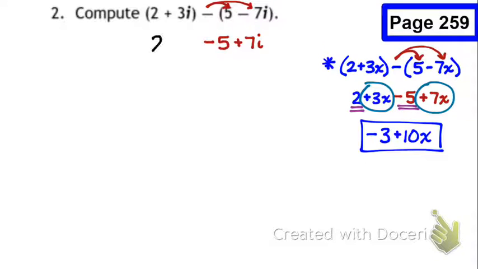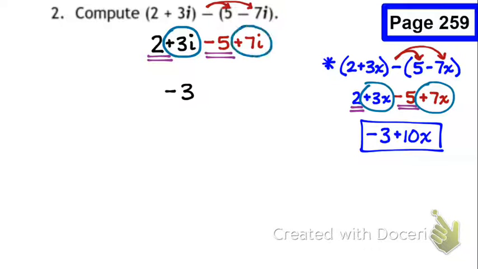I'm going to bring down the 2 and the plus 3i. What can I do next? Combine like terms. What are the like terms that I can be combining? 2 and negative 5, and that'll give me what? Negative 3. And then 3i and 7i is plus 10i.